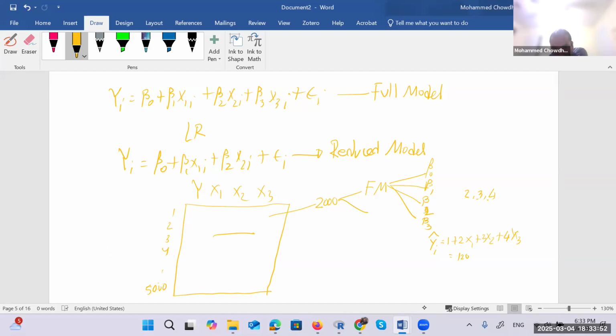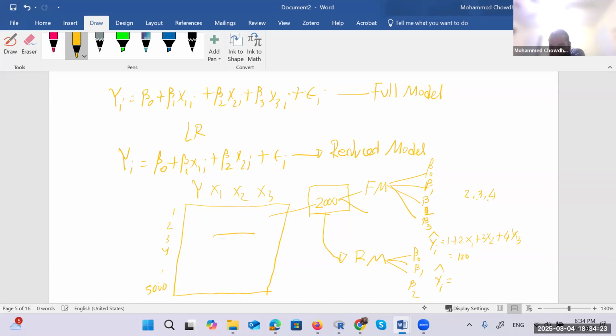Now, the same sample that I used, I want to fit the reduced model. With the same sample, I fit the reduced model, and I now have beta 0, beta 1, and beta 2. After fitting the reduced model, I want to find y_i hat.